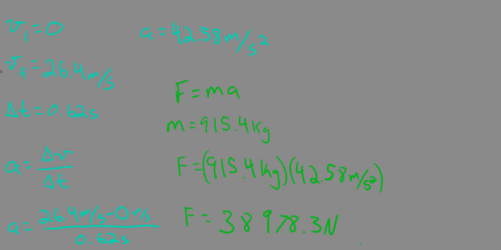Let me get a different color here. I'm still going to use my F equals ma equation, but for this one, the acceleration is the same because the driver and the car are accelerating at the same rate, but this time the mass is only going to be of the driver. So here, 75.2.